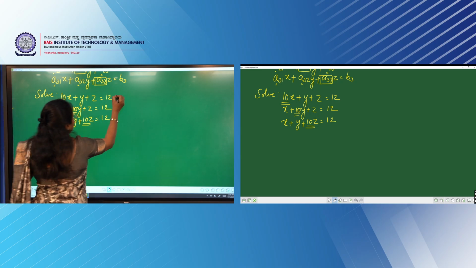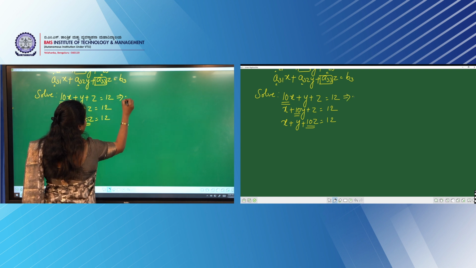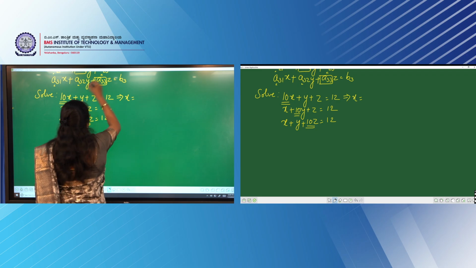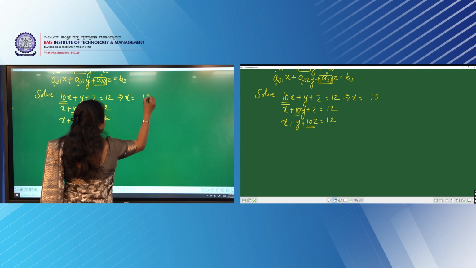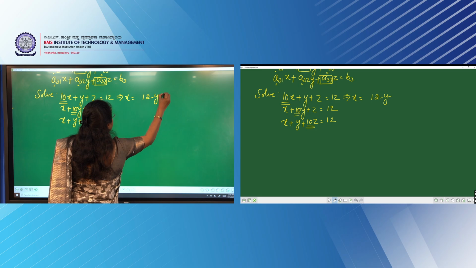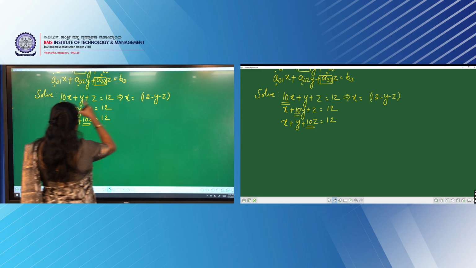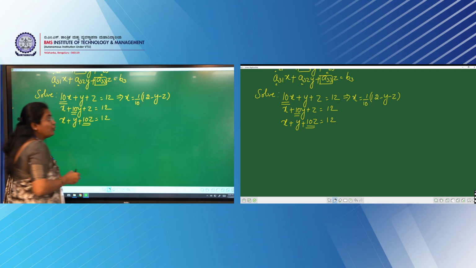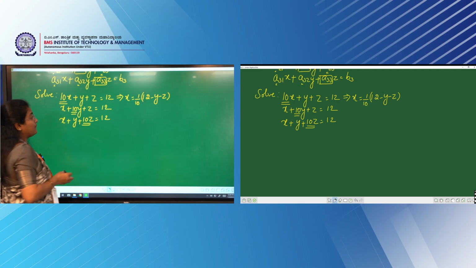Now, from the first equation, I should write for x. So x is equal to, bring the others to the other side, 12 minus y minus z. But 10x is there, so it comes to this side as 1 by 10 into 12 minus y minus z.